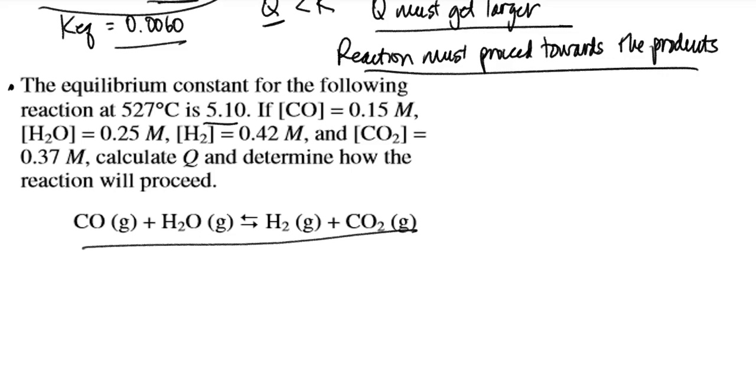I'm given concentrations of carbon monoxide, water, hydrogen, and carbon dioxide, and they're asking me to calculate Q. So that means that these concentrations may or may not be equilibrium concentrations. I'm just going to have to evaluate the reaction quotient and find out for myself.